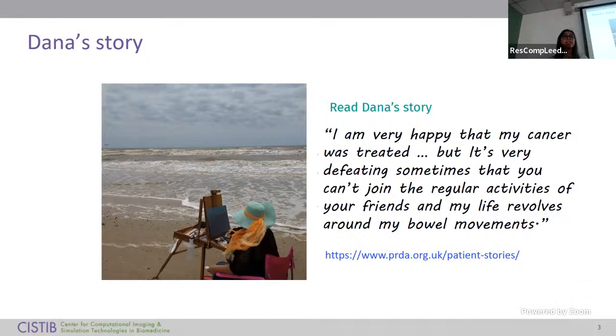In fact, 86% of the patients with pelvic radiotherapy suffer from side effects after their treatment. Clinicians still don't know why these patients get these side effects, how they get them, what the risk factors are, and which organs in the bowel bag are involved in the toxicity.